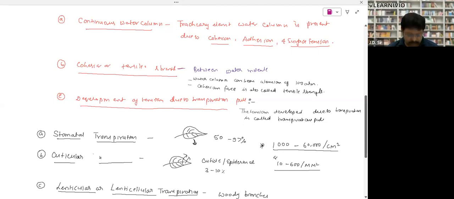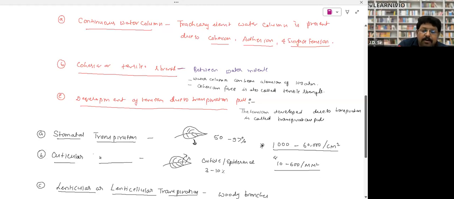One last thing, last paragraph. A tension of one atmosphere is sufficient to pull water to a height of 10 meter. Full stop.